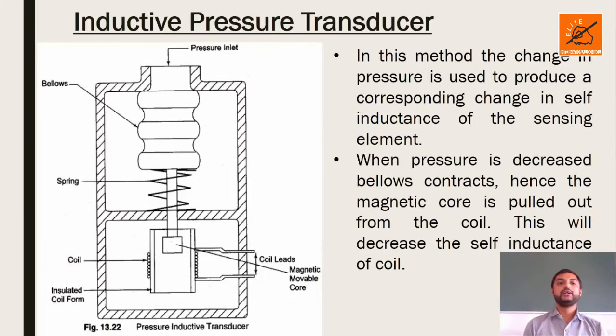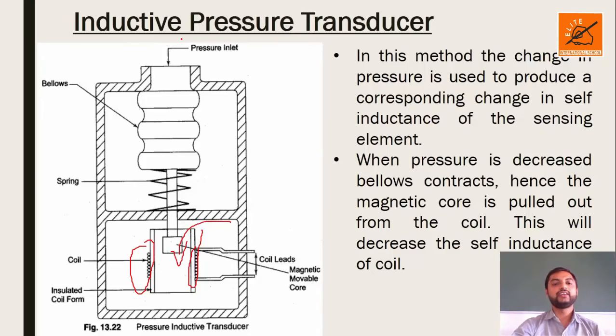So here it is the inductive pressure transducer. In this method, we are going to change the corresponding self-inductance of the sensing element. Here you can see that there is a coil on both sides and here it is the sensing element.